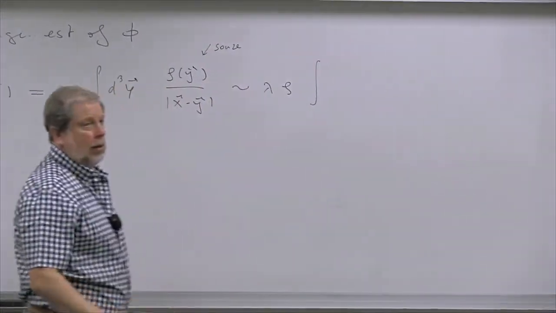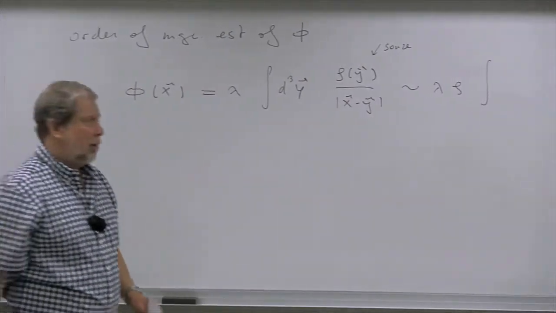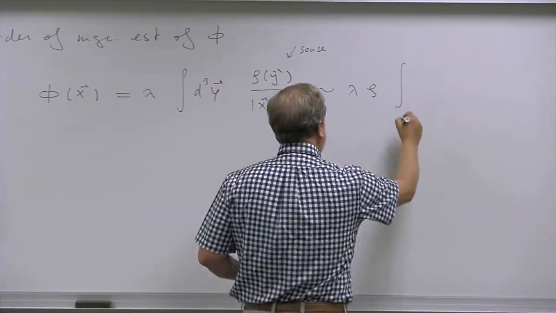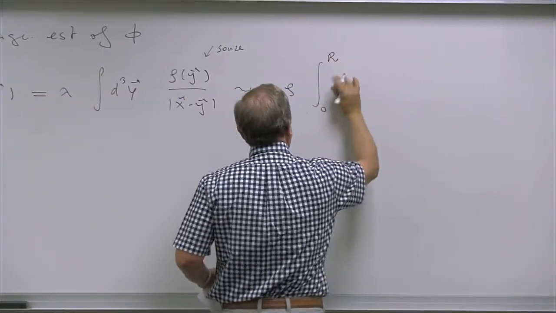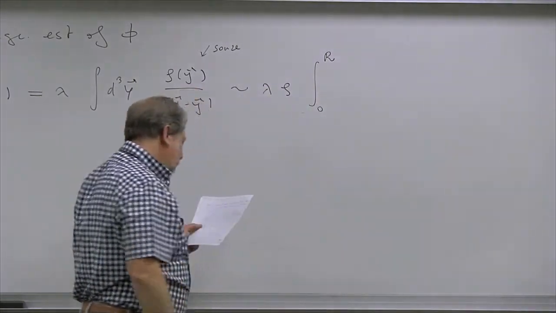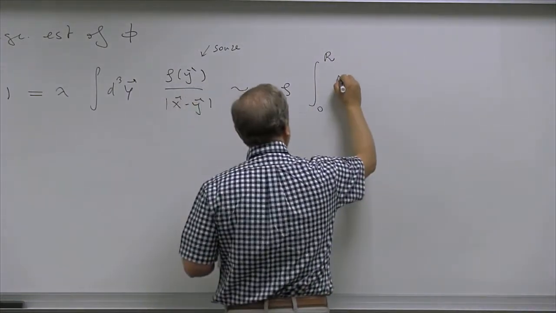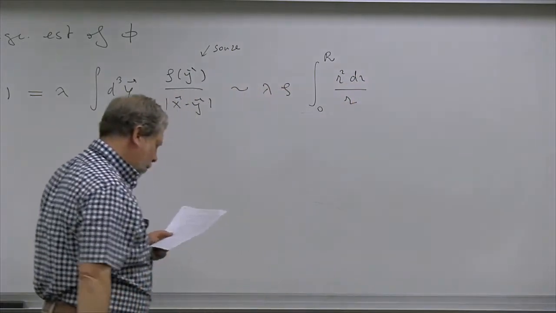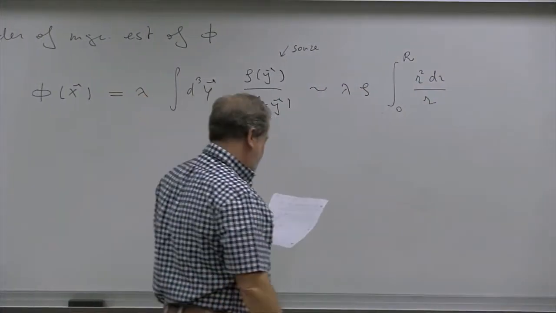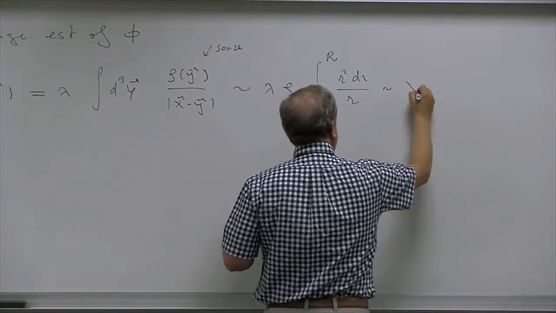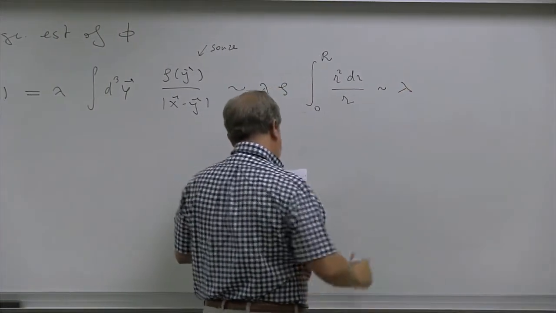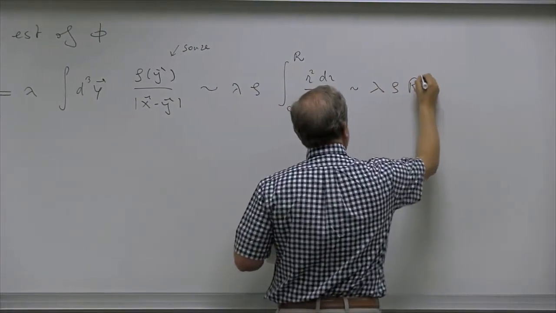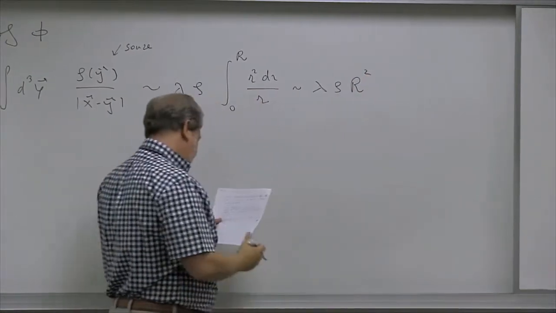We assume that things are spherically symmetric, and so we write this as an integral from 0 to some very large R of r squared dr, divided by r. This is again an order of magnitude estimate, so up to factors of 1/2 and things like that, we get lambda times rho times R squared.